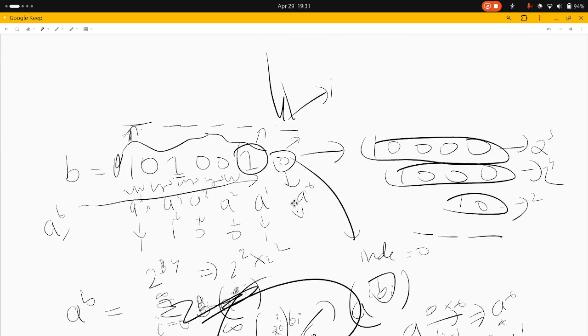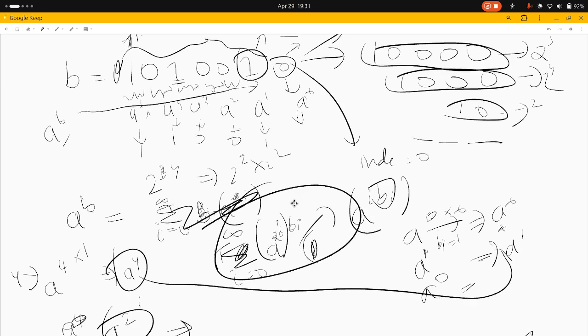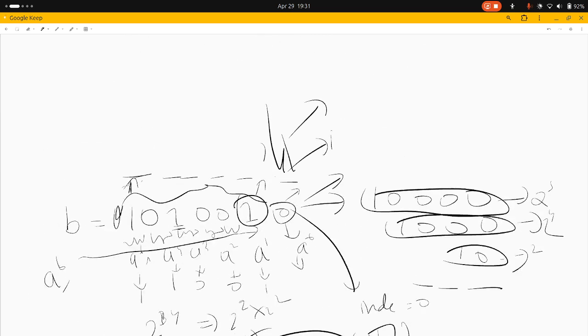So what I have to calculate is a power 2 power 0, 2 power 1, 2 power 2. It would be ideal to calculate that way. So a can be multiplied by itself. We have to double the a because we are going to the next bit. From the 0th bit to the first bit, we can multiply a by itself.